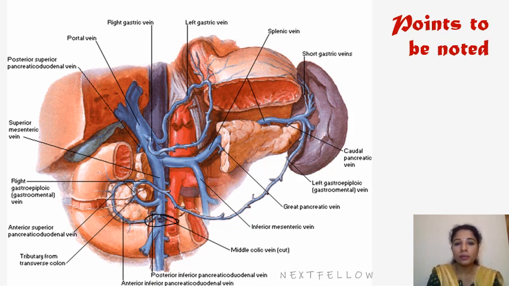The structure immediately posterior to the head of the pancreas is the right renal vein. So next to the head of the pancreas, the right renal vein is present. The posterior relations of the pancreatic head are the inferior vena cava, the terminal parts of the right and left renal veins, and also the common bile duct. Those were the posterior relations.